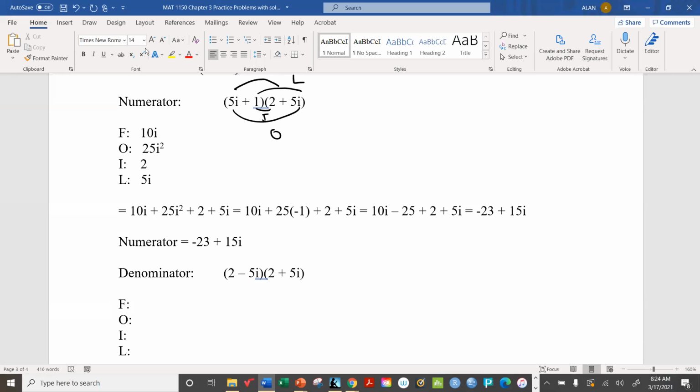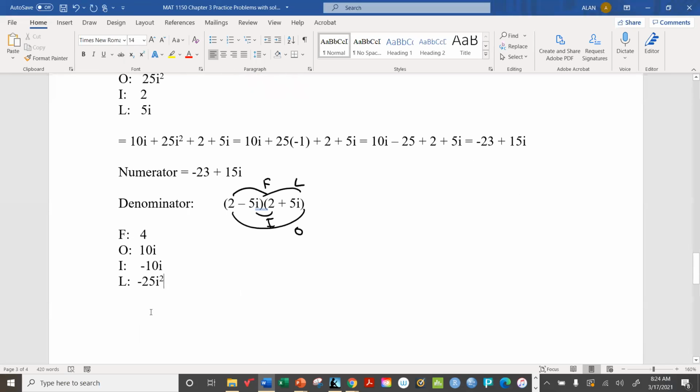So again, we have first, outer, inner, and last. So 4 outer would be 10i, inner would be -10i, so those will cancel out, and last would be -25i squared. Okay, so let's bring those together.